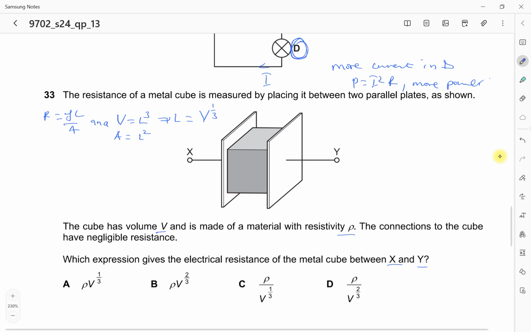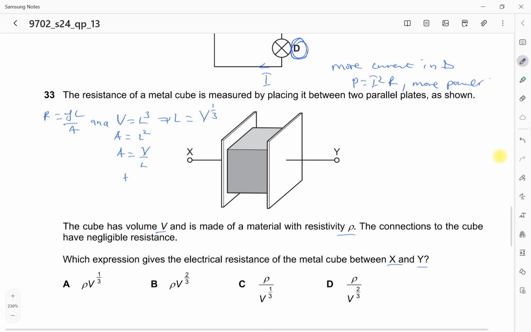Then where there is area, I know that area is also equal to volume divided by length. Area is volume divided by length, and remember, the length is V to the power a third.